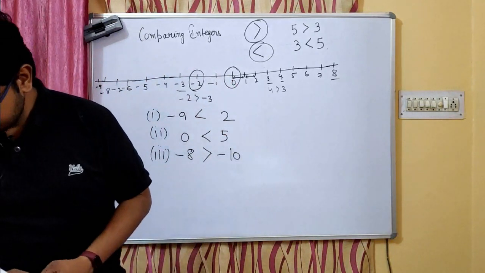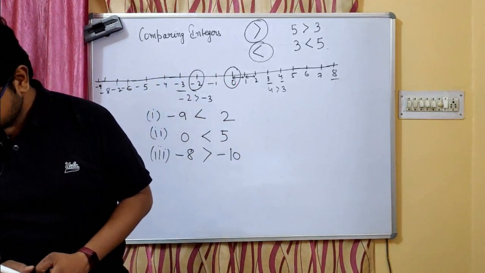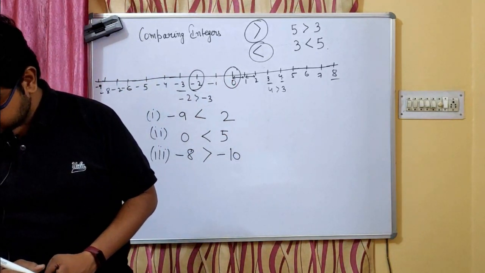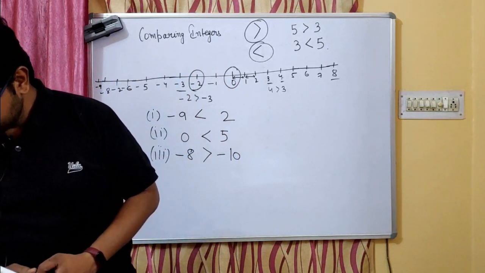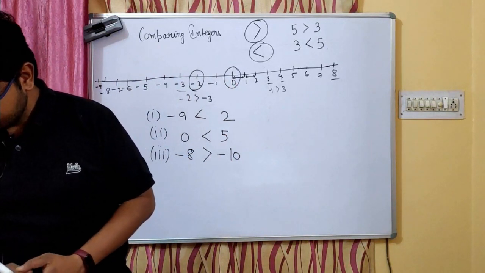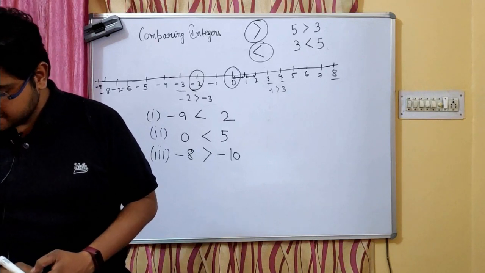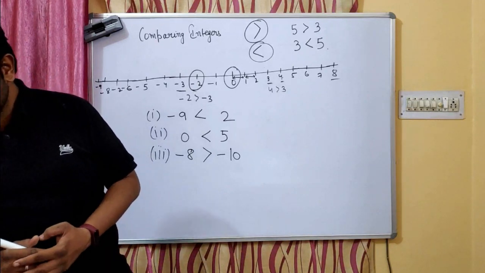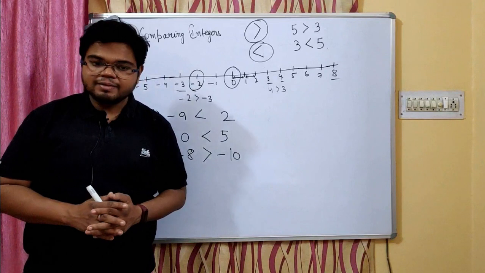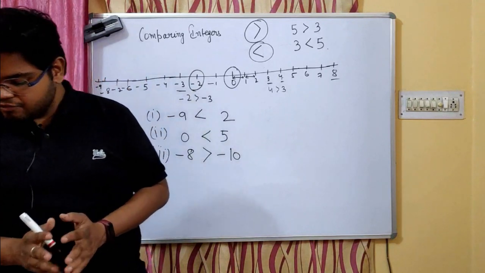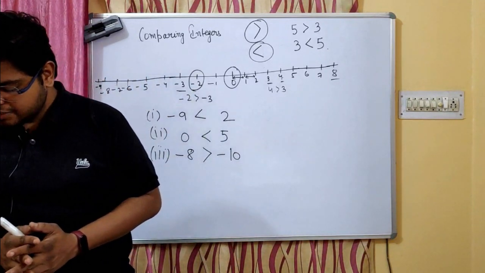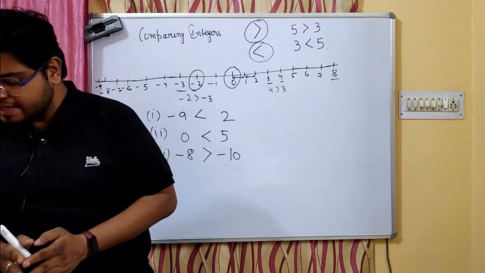Now example 8. Write the integers -3, 7, -8, 0, 3 in ascending order. So children, firstly you have to look at them on the number line, and we need to arrange them in ascending order.